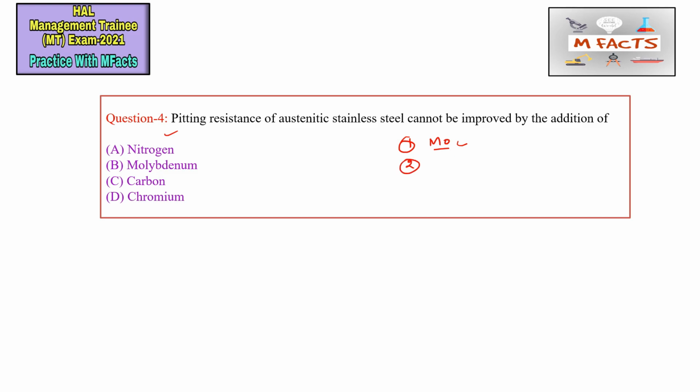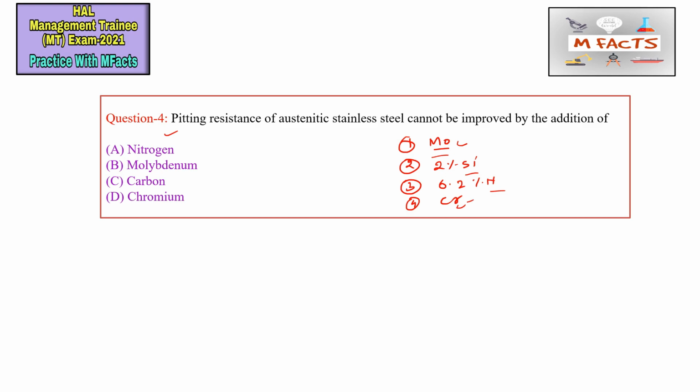The second element is 2% silicon, which we can use for making type 316 stainless steel. The third element is 0.2% nitrogen, and the chromium is already in that stainless steel.